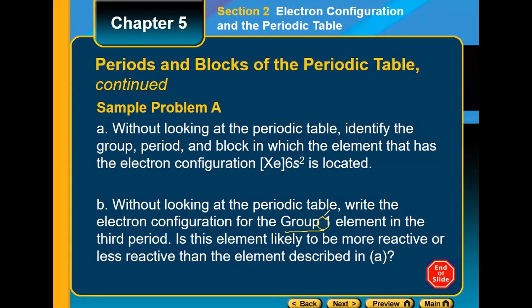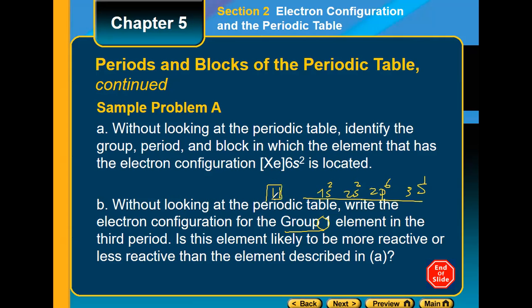And as it is group 1, it means it is in block S. So we have S1. It must end with S1. And he said in the 3rd period, so that means it's supposed to be 3S1. So I could predict that before 3S, we have 1S2, 2S2, and 2P6, so the total would be 11.